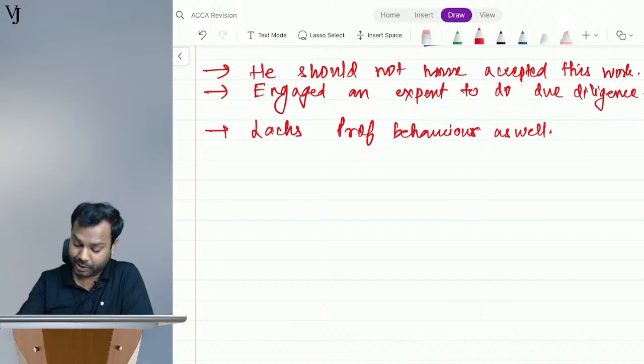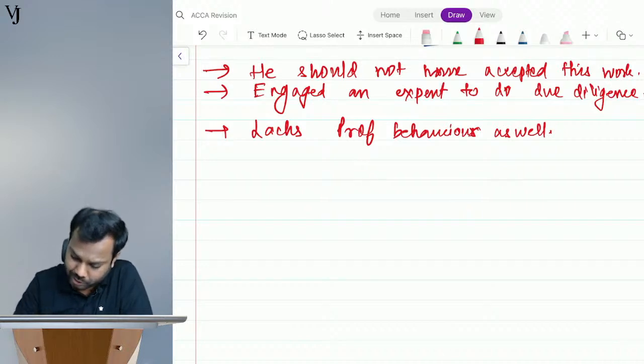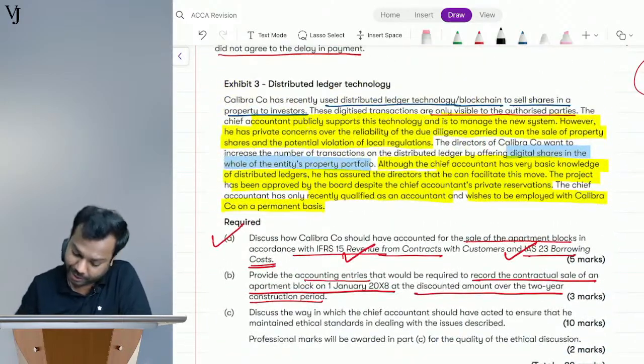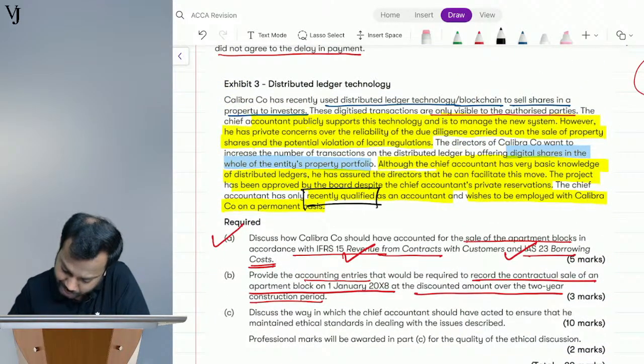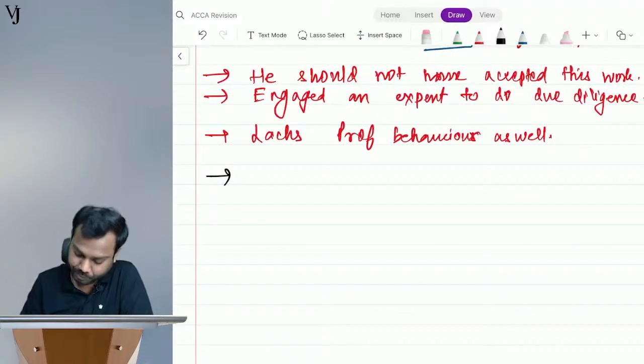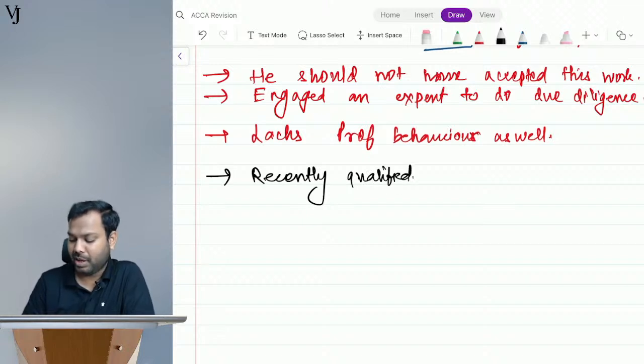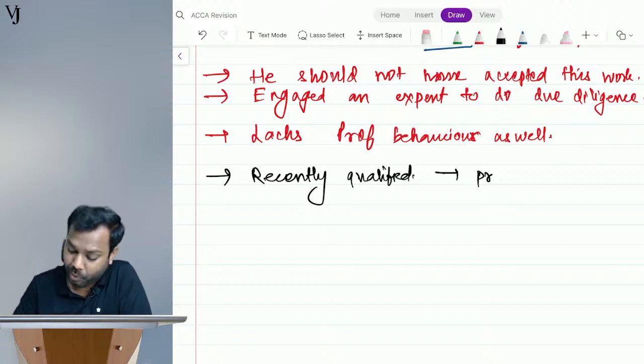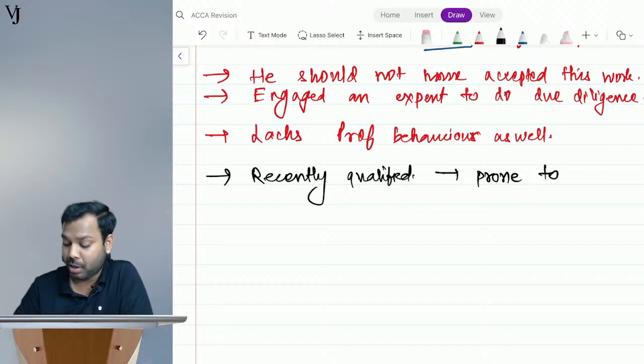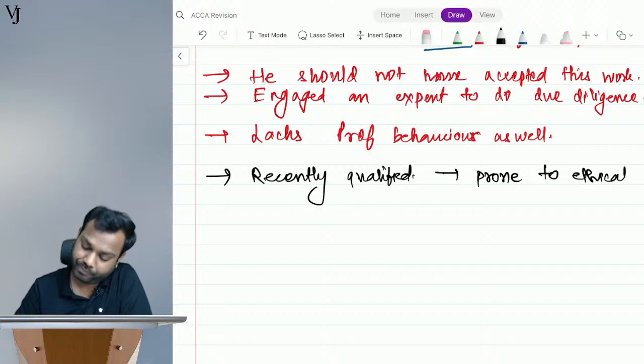Right? Now understand further. The question says that he is freshly qualified. He is recently qualified, right? Recently qualified people are much more prone to ethical issues, right?